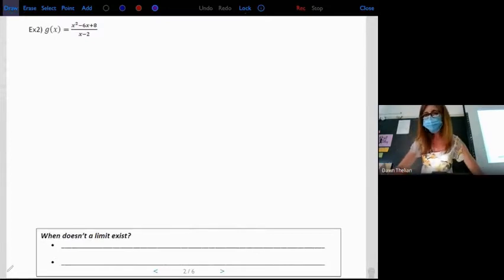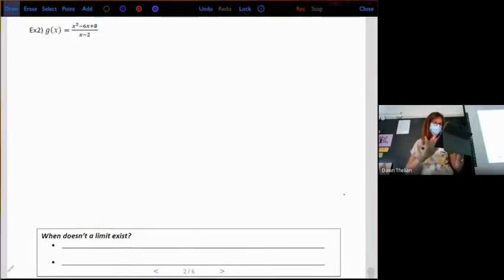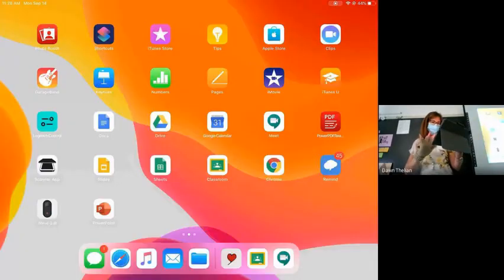Now, I know not everybody has their calculator today, but what I'm going to do is plug this into my calculator for you. Maybe I can even just do this in Desmos, and that'll be faster. Let's try it.